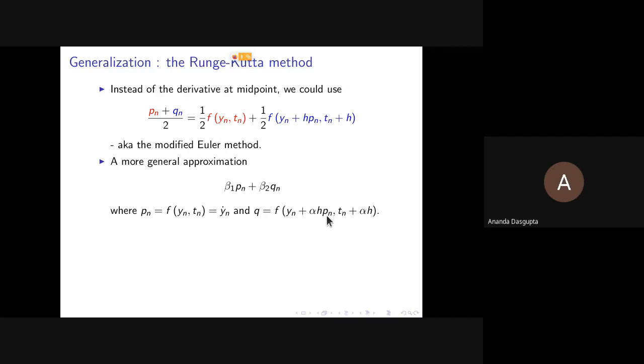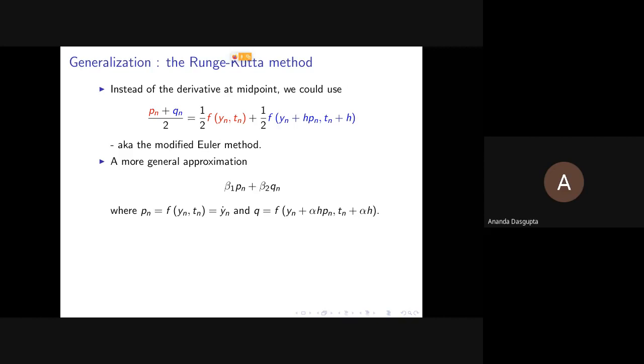Now the aim would be to take this expression for qn, expand it out using Taylor series, the way we have done before, plug this expression into the Taylor series for y, and try to ensure that we get at least order h square correct. We will see that with this we can get only up to order h square correct. We cannot get order h cube correct using this, for example.